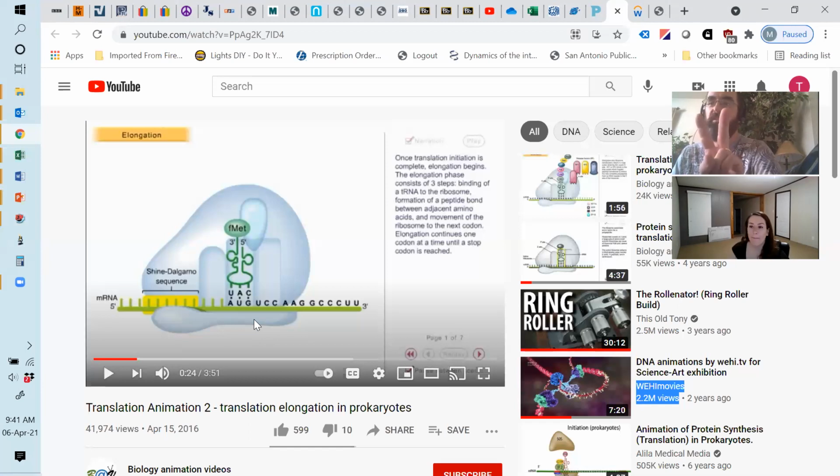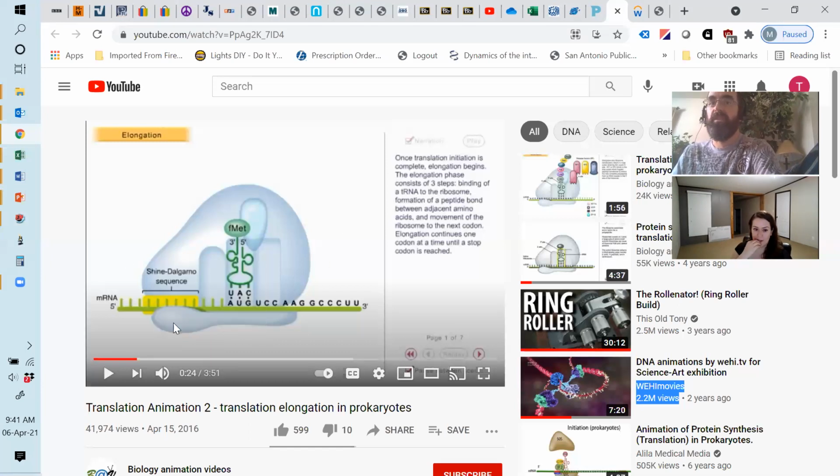What are the two things that get added to the ends of mRNA during mRNA processing in eukaryotes? The 5' cap and the poly A tail, right? So both of those are important in the assembly of the small subunit, right?